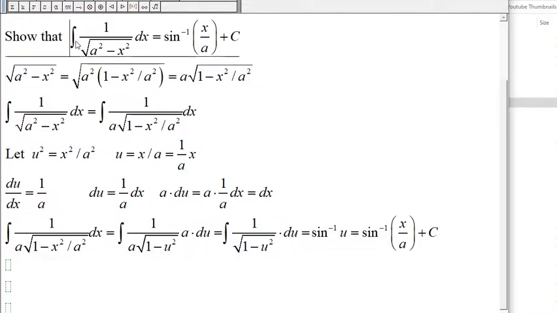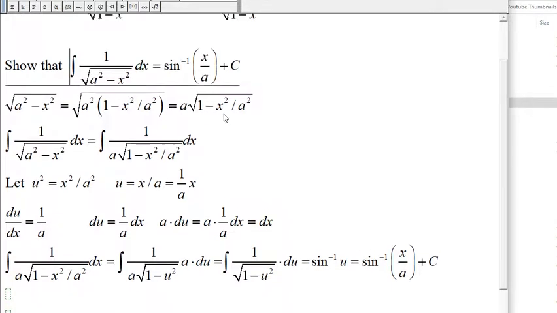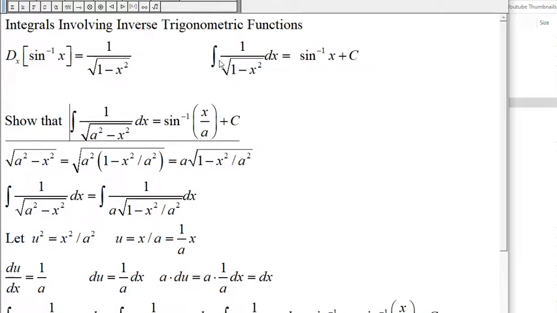And so we have just proved this right here. Instead of 1, if we have an a squared right here, then it becomes x over a. If we just have the integral of 1 divided by the square root of 1 minus x squared, it'd be just sine inverse of x. But if we change the 1 to a squared, then this becomes sine inverse of x over a.